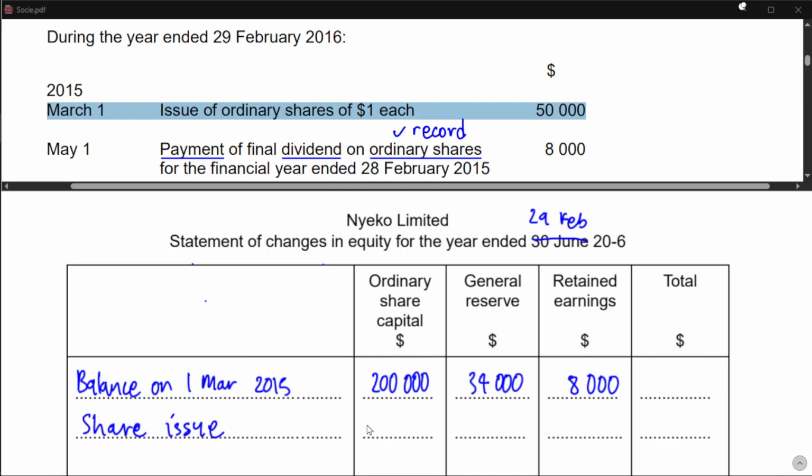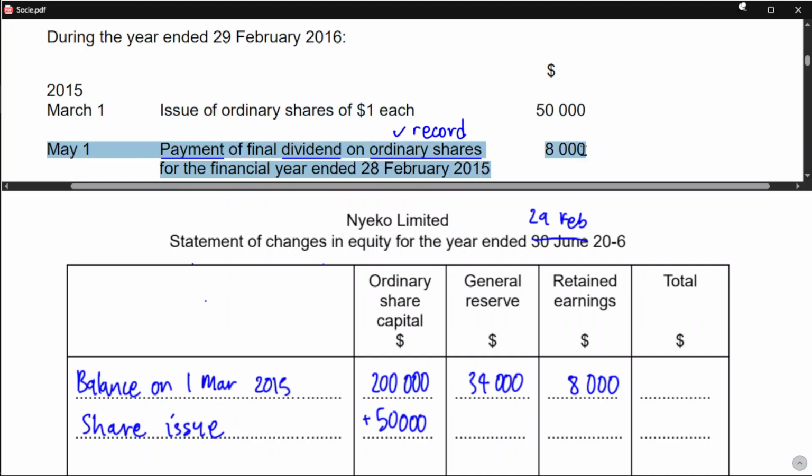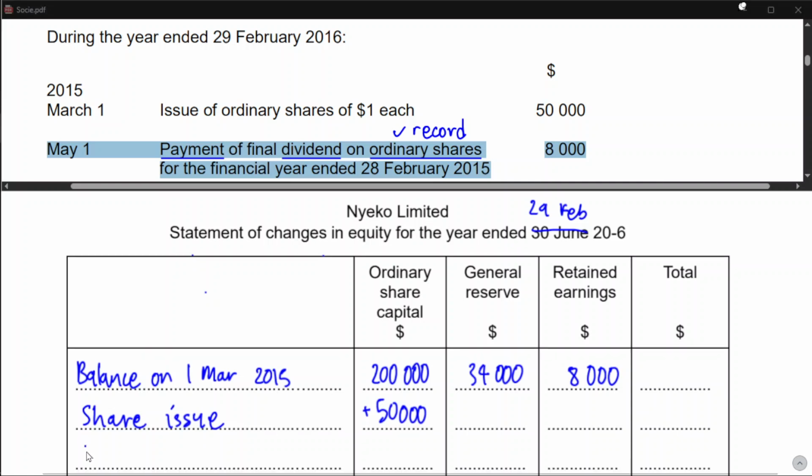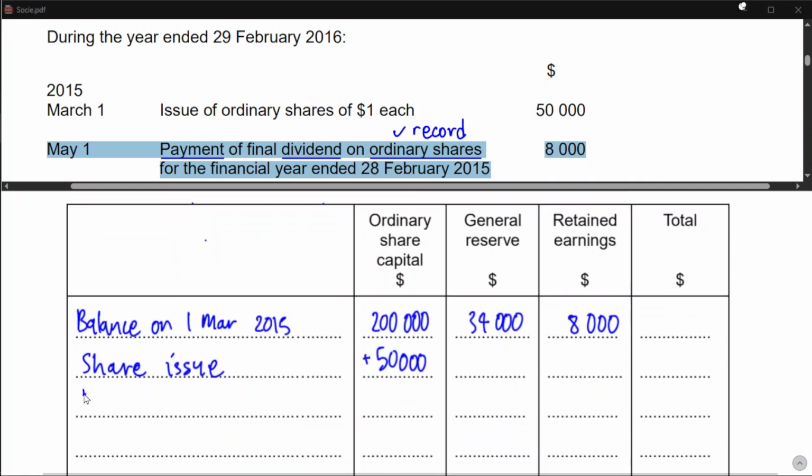So ordinary shares will increase by 50k. Continue. You want us to find the dividend paid. So I put here dividend paid. They say final, so I put final 8,000, which will reduce the retained earning.